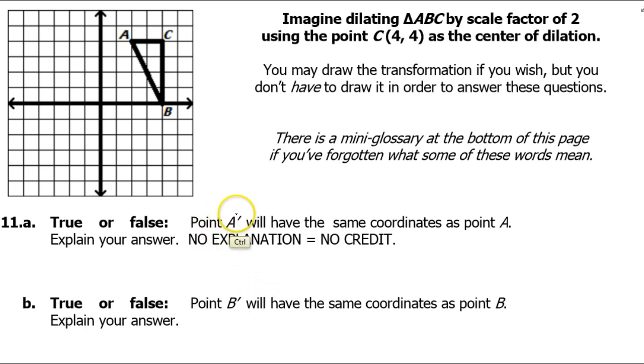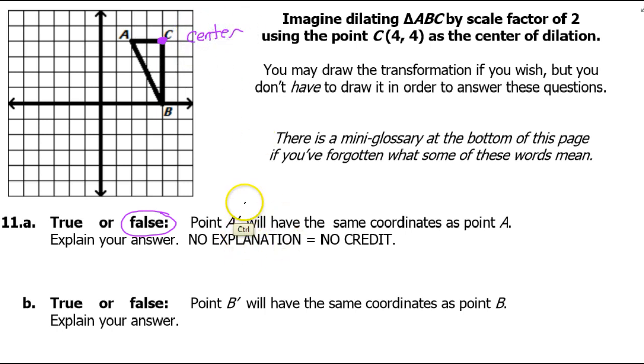So point A prime will have the same coordinates as point A. Just at a glance, I believe this is going to turn out to be false. And here's why. The center of dilation is at 4, 4. Let's plot that. So if I go over 4 and up 4, okay, right here, point C actually is the center of dilation.